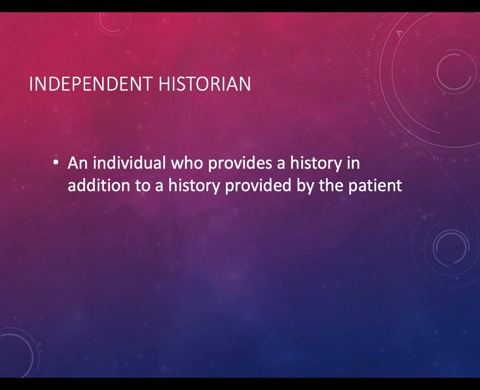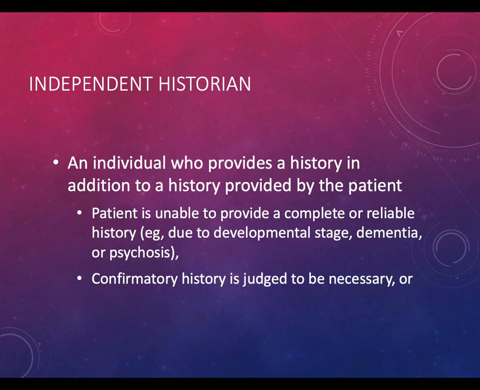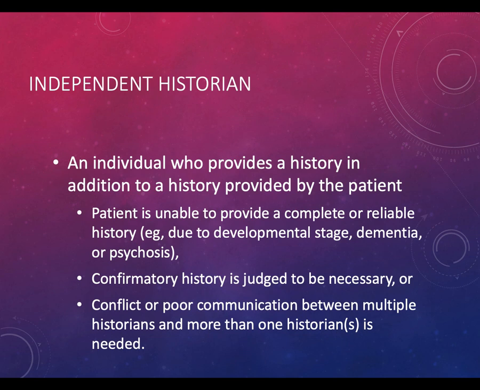This independent history should be because 1. The patient is unable to provide a complete or reliable history. 2. A confirmatory history is judged to be necessary. Or 3. There is conflict or poor communication between multiple historians and more than one historian is needed.